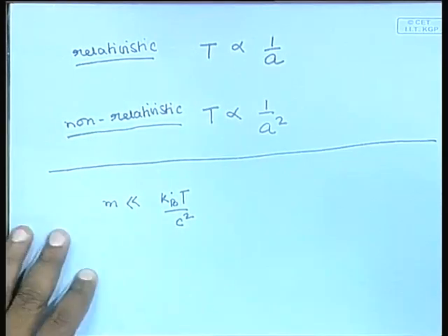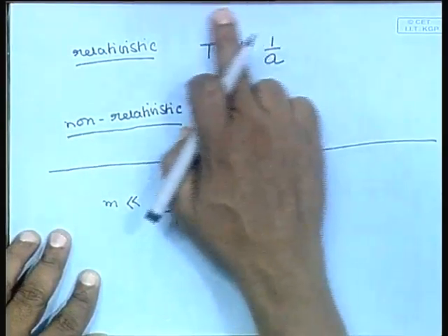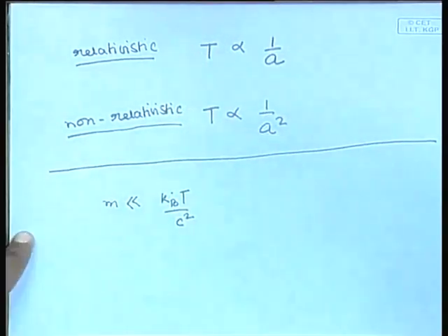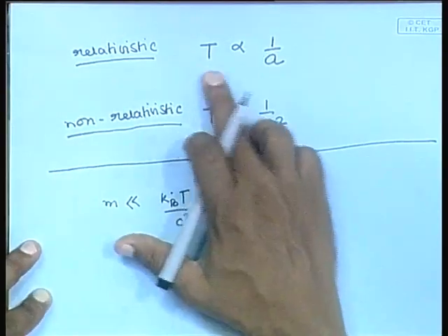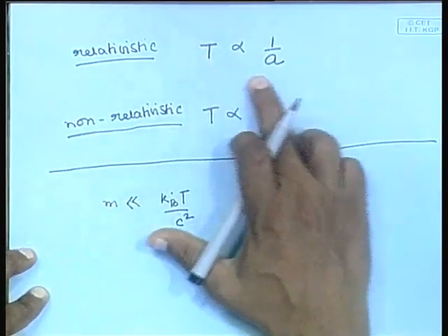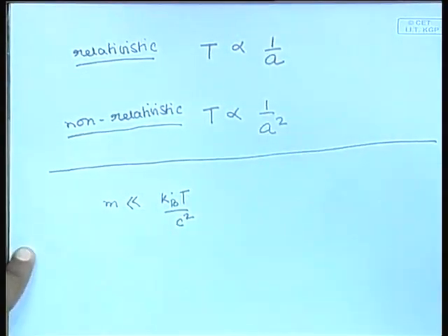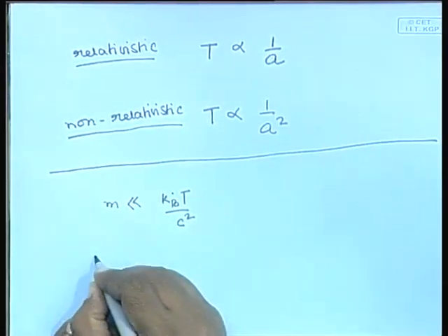As the universe expands, the temperature of this neutrino background, of these neutrinos which were in thermal equilibrium at some time and then move freely as the universe expands, will scale as 1 by the scale factor. An example of non-relativistic particles: let us take hydrogen atoms.